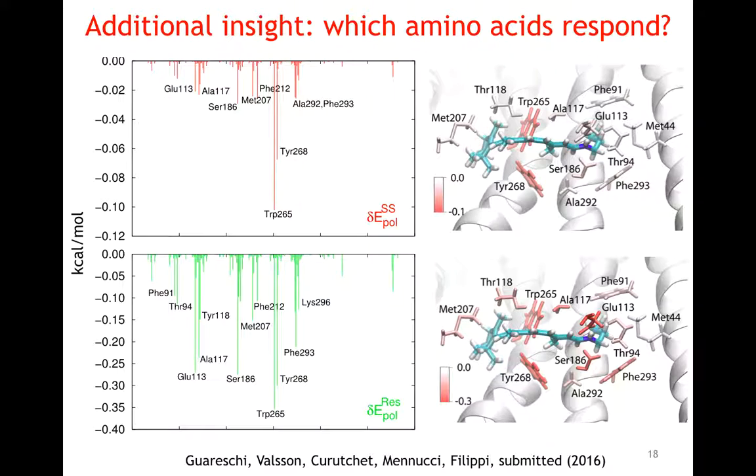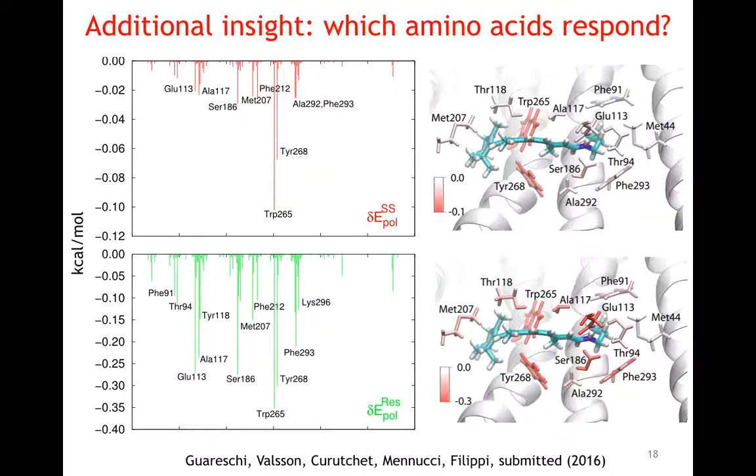In this plot, I'm showing the response of the state-specific level in the upper panel with the red lines, and the resonant polarization in the lower panel with the green lines. So we can see that basically the same set of amino acids responds in the excitation, but of course the magnitude of the polarization energy is different in the two approaches.